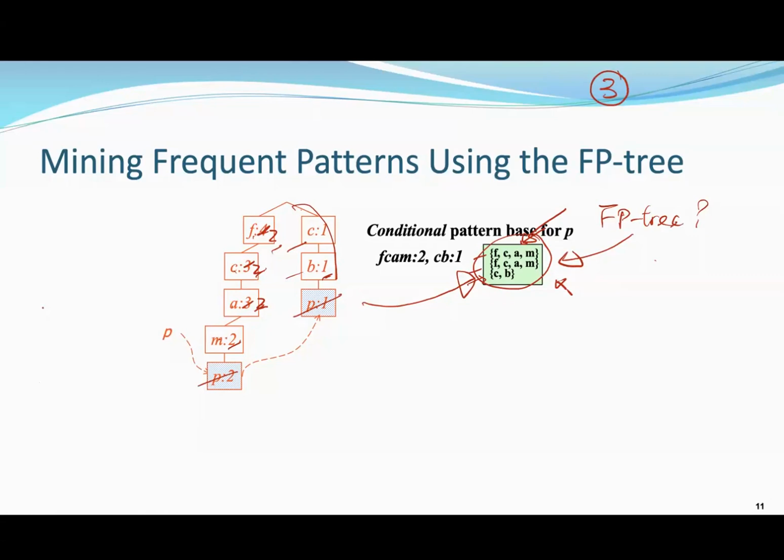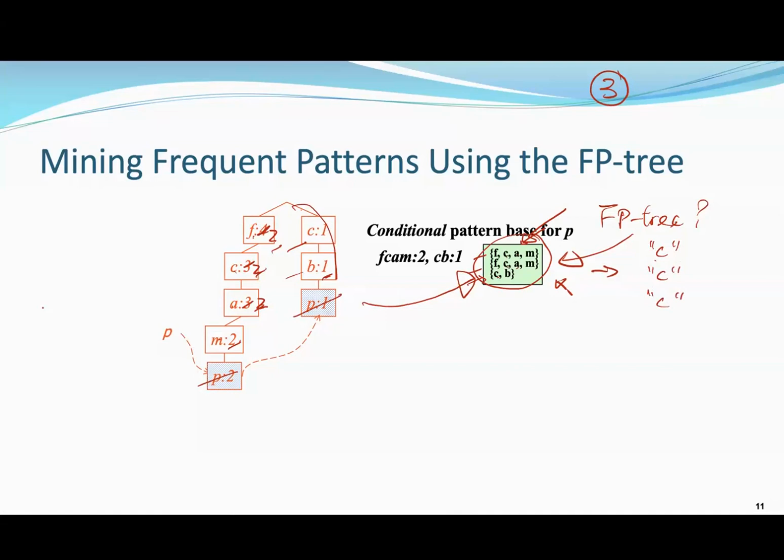So if you look at this data set, what are the frequent items? Well, F occurred 2 times, so it's not frequent. C occurs 3 times, so this is frequent. A occurs 2 times, so it's not frequent, and so on. So the first step requires us to throw away all those infrequent items, and this data set will be transformed to just C, C, and C, right?